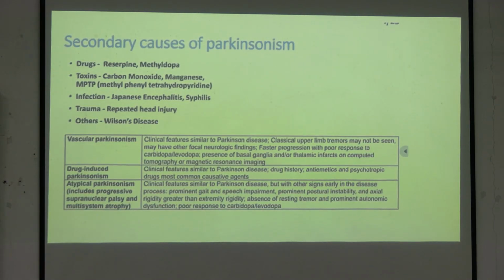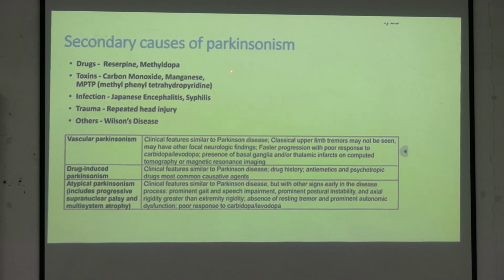This is about primary Parkinsonism, also called paralysis agitans. But there are secondary Parkinsonisms also. The features of Parkinsonism develop due to some secondary causes, like drugs such as methyldopa, an antihypertensive drug we give, and toxins like carbon monoxide and manganese. There are infections, like encephalitis and syphilis.